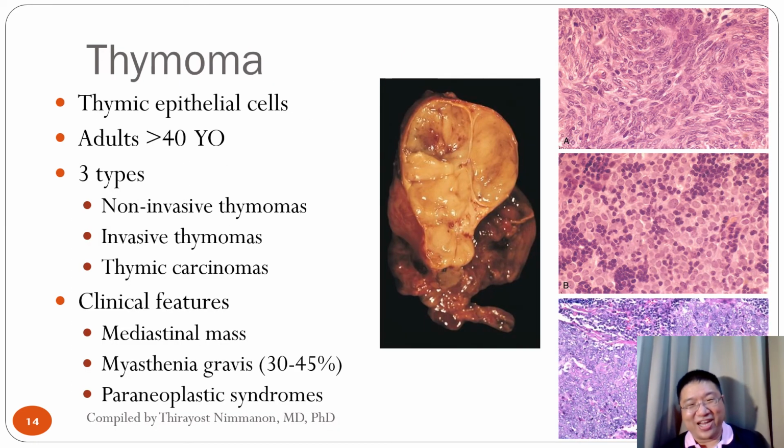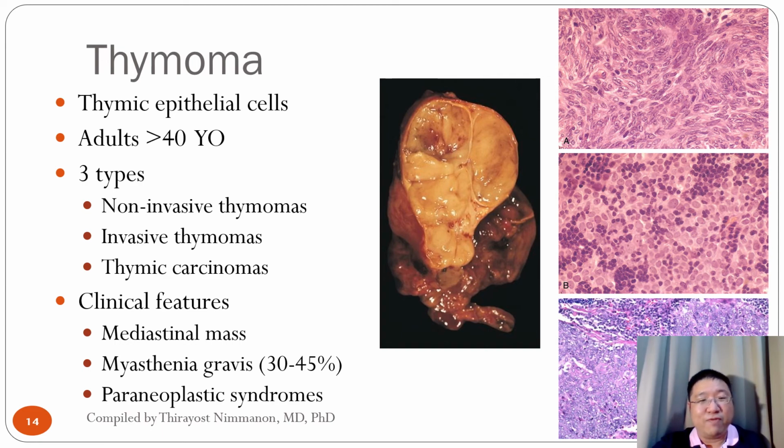And thymoma. Thymoma is not a neoplasm of thymocytes, not a neoplasm of lymphoid cells or T lymphocytes, but a neoplasm of thymic epithelial cells. It is seen in adults more than 40 years old.